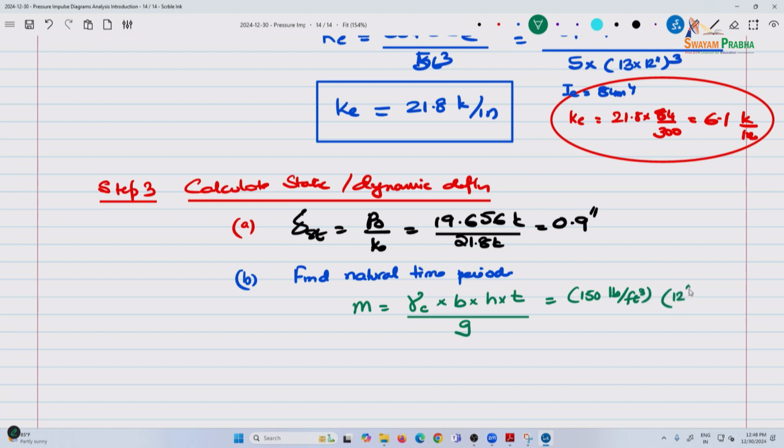B was 12 inches, height is 13 feet, thickness was 8 inches, and all of these are divided by 12 for consistency. That's 13 feet. So 12 inches, 8 inches converted to feet, and G is 386. So it comes to 3.367.